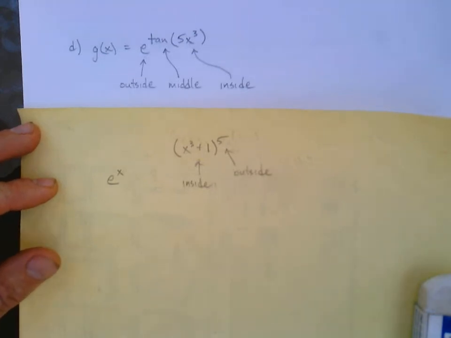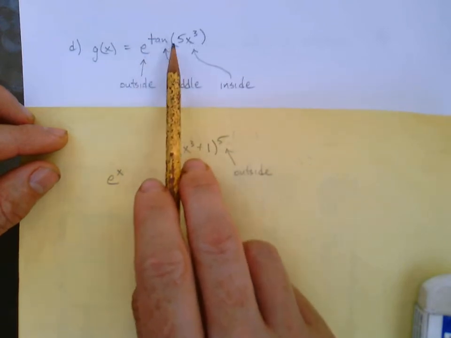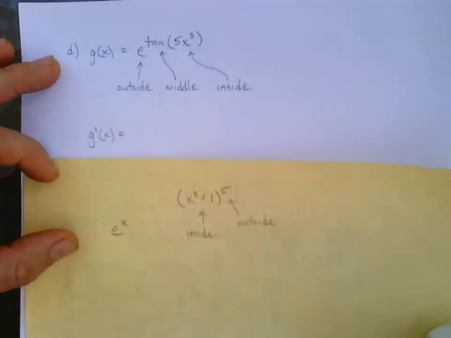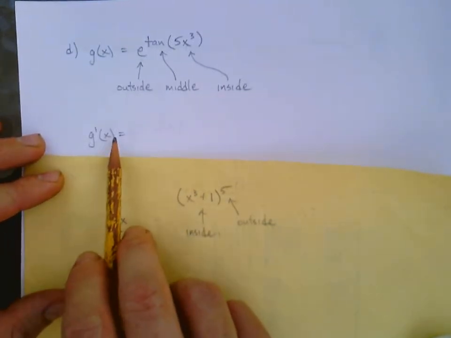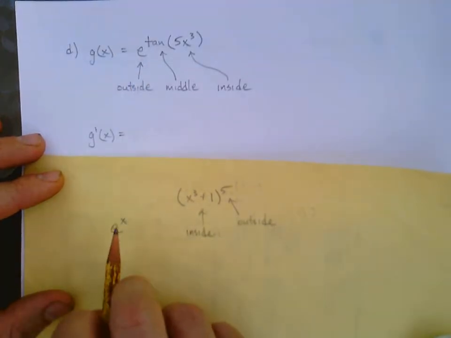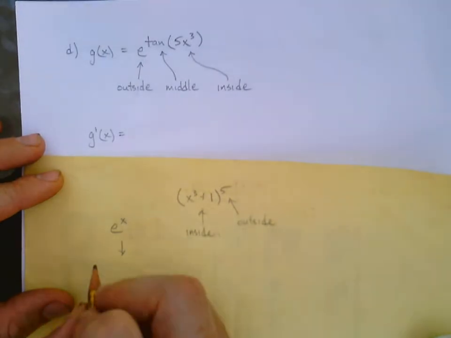Let's take the derivative. We're going to start with the outermost, and then work our way in. I didn't write anything to start this off just because there's so much, so let's talk through it. G prime, the outermost. What is the derivative of e to the x? That derivative is just itself.